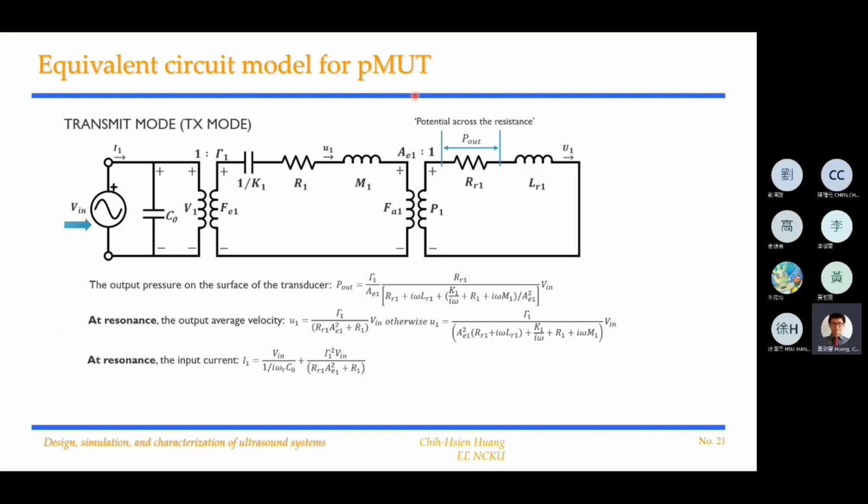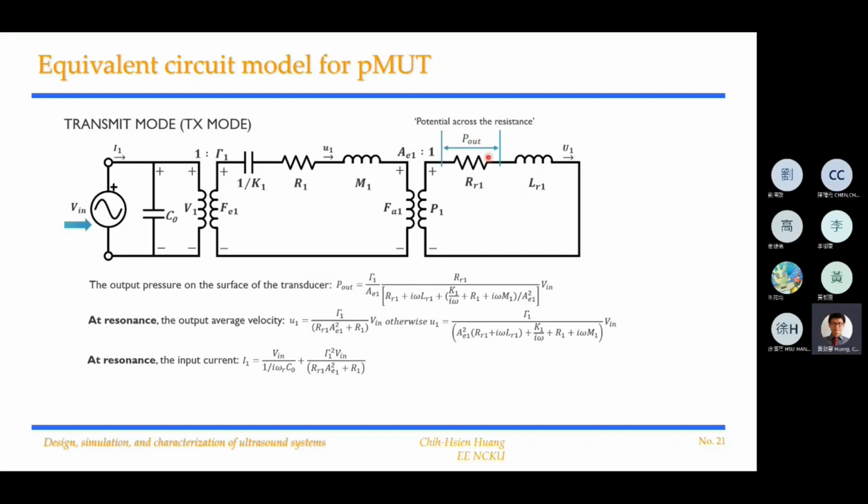So next, we will introduce how to use this circuit model to calculate things, and then we'll probably introduce the example code next week. First is the transmit mode, where our example code shows how to get the output pressure here.